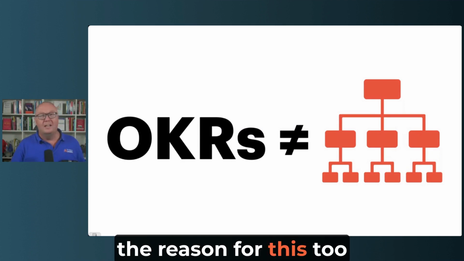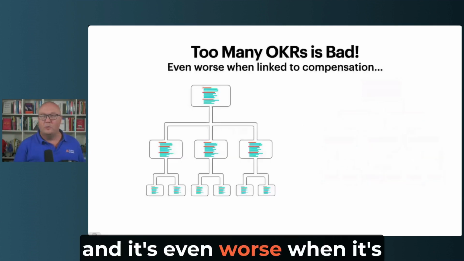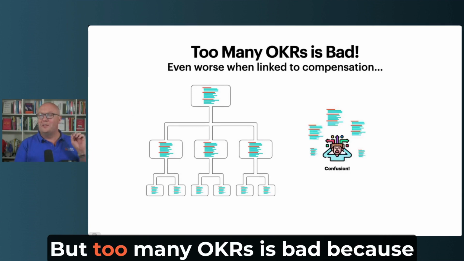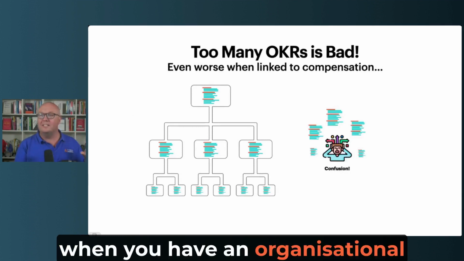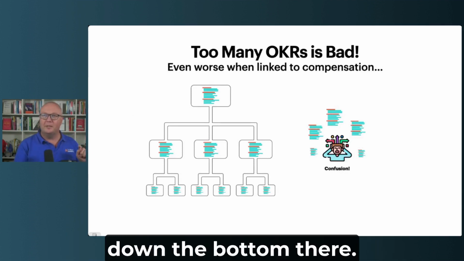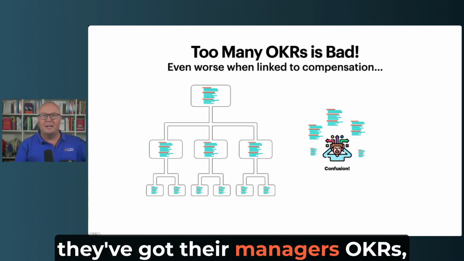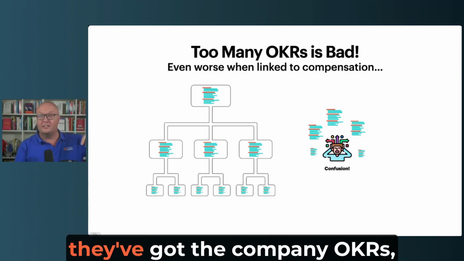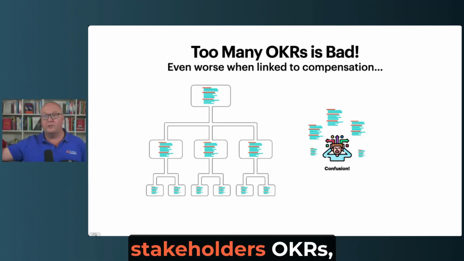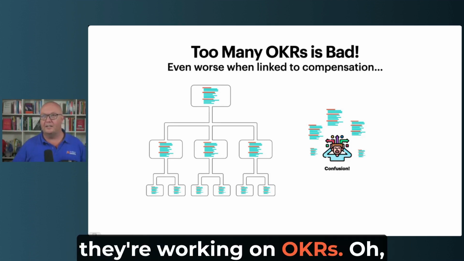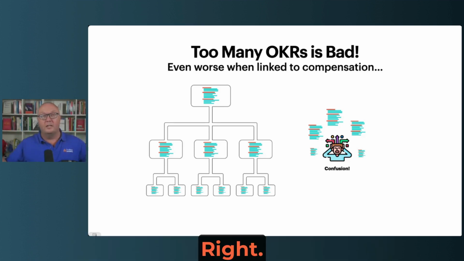Now, too many OKRs is bad, and it's even worse when it's linked to compensation. It's bad because when you have an organizational chart that looks like this, you've got a person somewhere down the bottom, and when they look up, they've got their own OKRs, their managers' OKRs, the company OKRs, some stakeholders' OKRs, the product team's OKRs. Oh my goodness, we're confused, right?